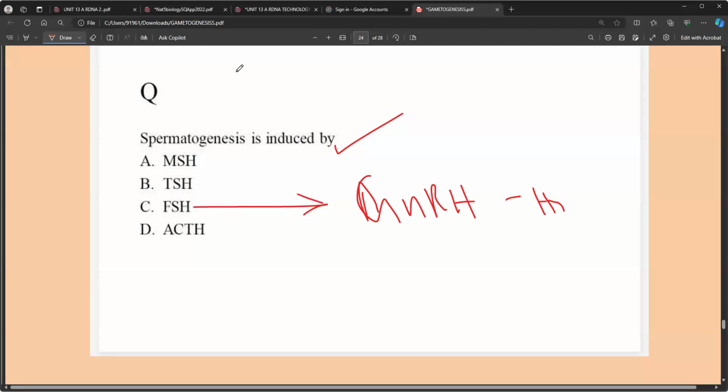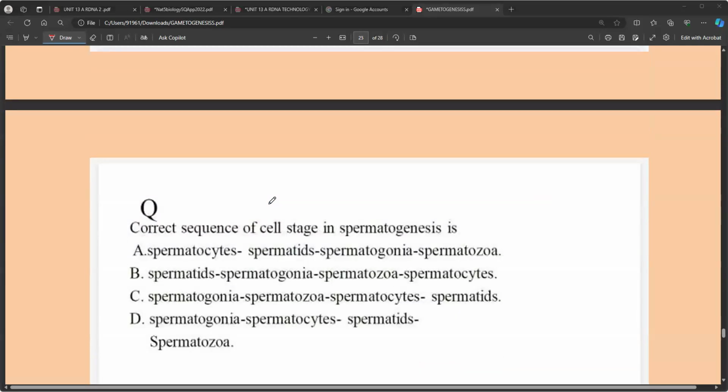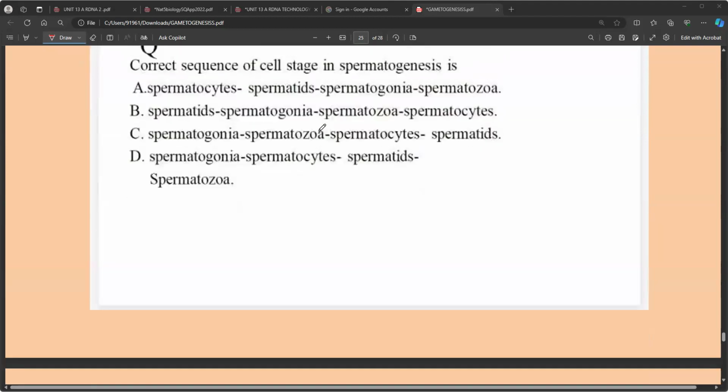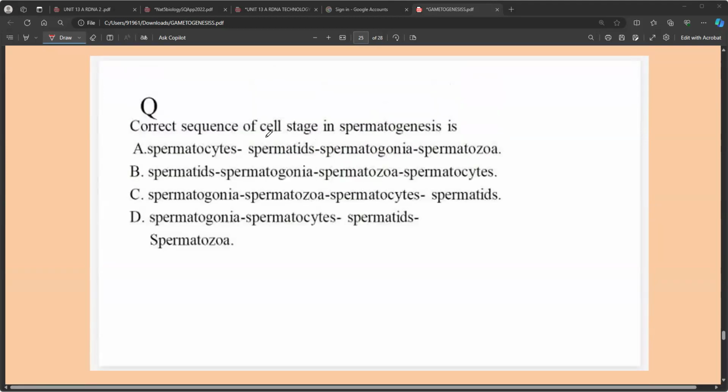No point of getting confused over there. Now, think properly and give the answer. The correct sequence of cell stages in spermatogenesis is. Slowly, slowly.